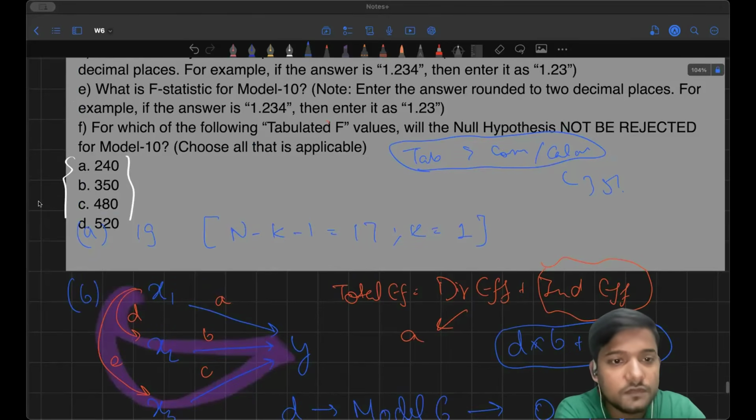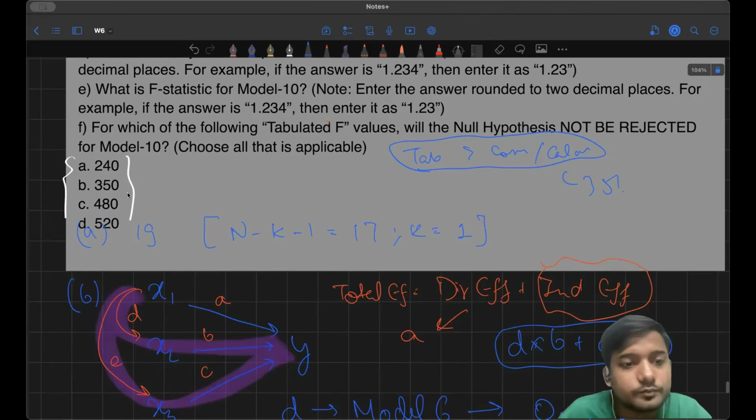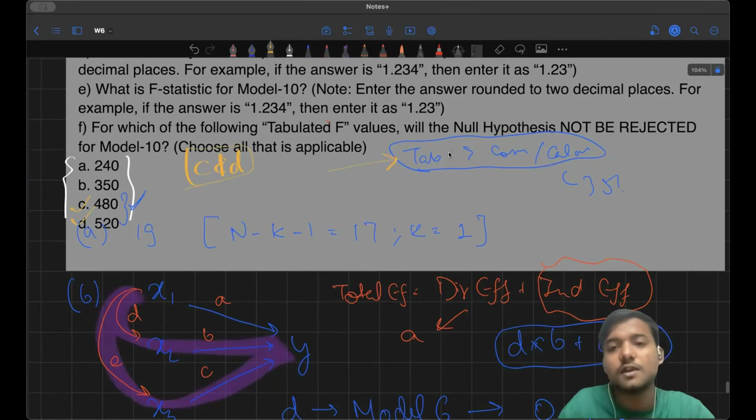Therefore, only these two options are satisfying the condition. So these two, C and D, are the correct options. Why? Because tabulated value should be greater than computed. Computed, we already know is 351. So everything greater than this will result in not rejecting the null hypothesis.